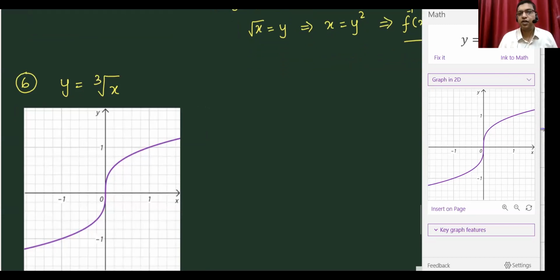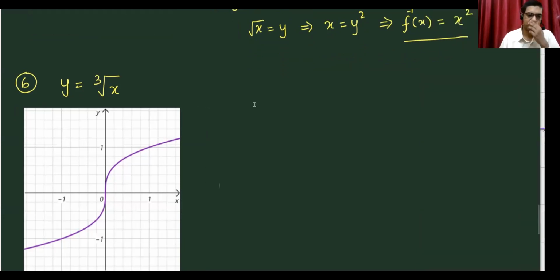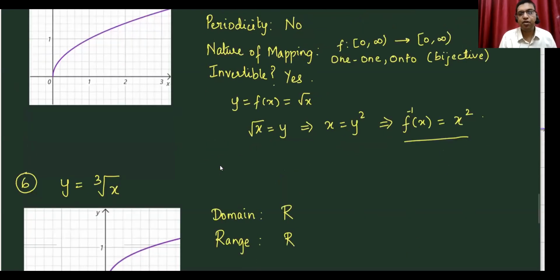All right, now you tell me the domain, range, even, odd, everything. What is the domain? R, sir. Range is also R. Then you have even or odd.